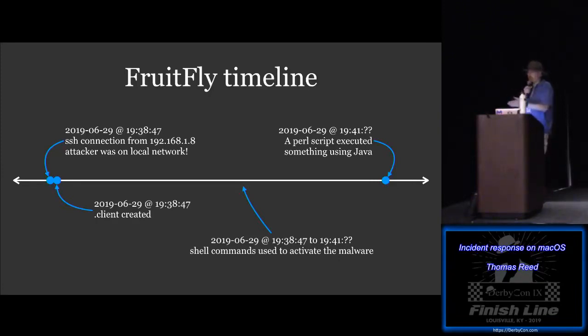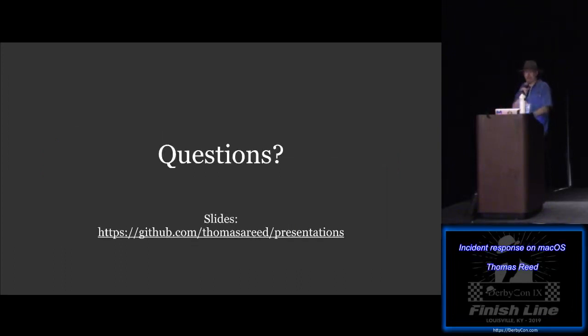And then finally, at the time of collection, we could see that this Perl script was running something at least related to Java on the system persistently. So that's pretty good information. We can use that. And that's the conclusion here.